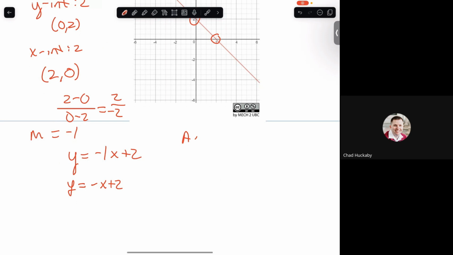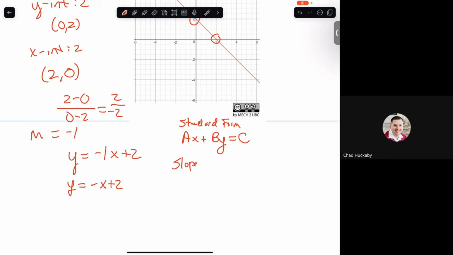There's standard form, which is ax plus by is equal to c. In that case, a, b, and c are all whole numbers. You don't have fractions in standard form.